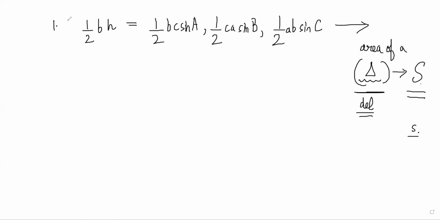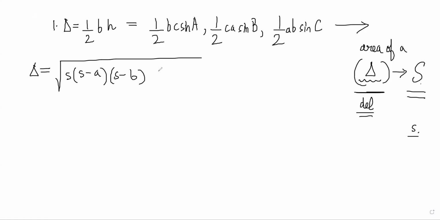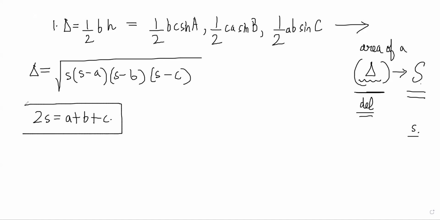So del is equal to all of this. And we also have Heron's formula, which is root over s into s minus a, s minus b, s minus c, where 2s is equal to a plus b plus c. You should try to prove Heron's formula.